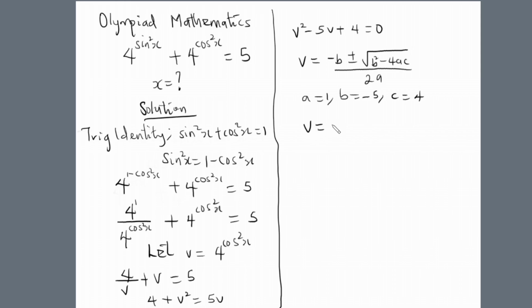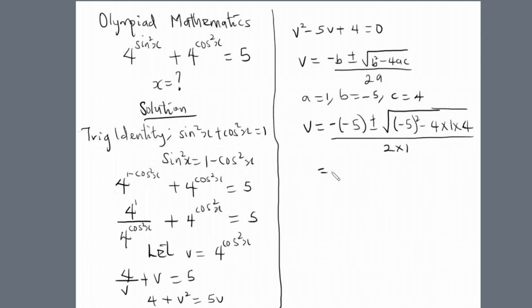That means v is equal to minus b, which is minus minus 5, so plus 5, plus or minus the square root of b squared, minus 5 squared, which is 25, minus 4ac, 4 times 1 times 4, which is 16, all divided by 2a, which is 2 times 1. So this is 5 plus or minus the square root of 25 minus 16, which is 9, divided by 2.